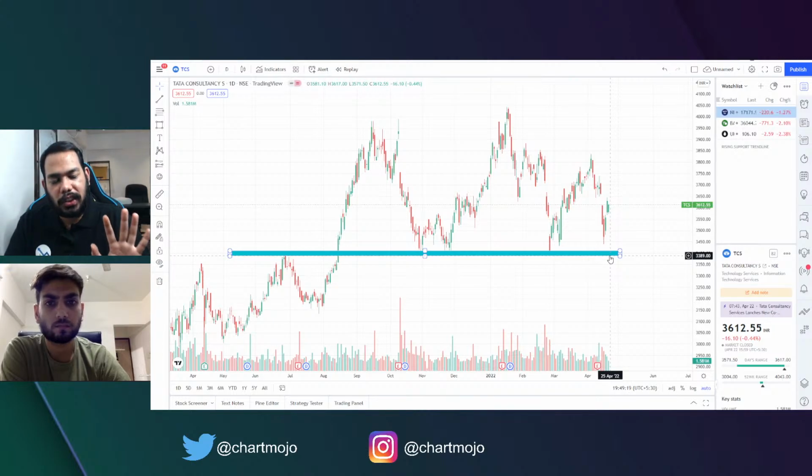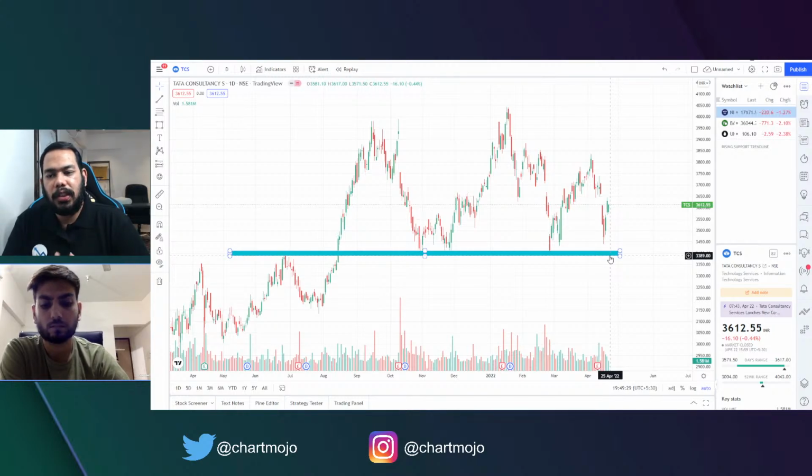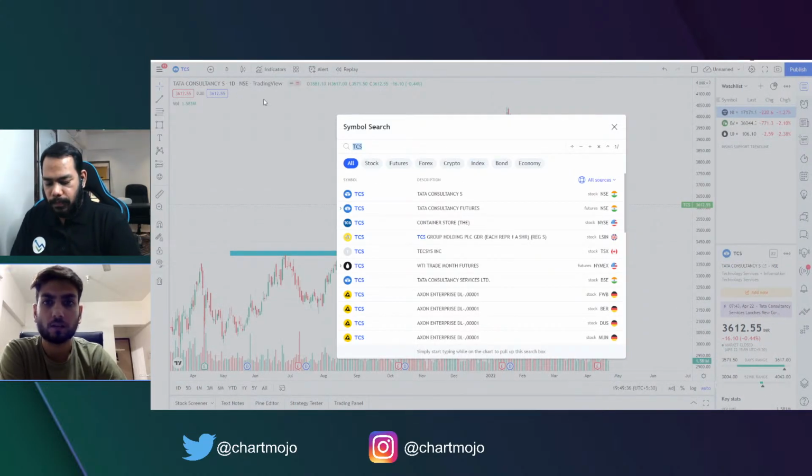Yes, if someone can wait for 3400 to be protected, then we might consider it. Yes, Abhishek.